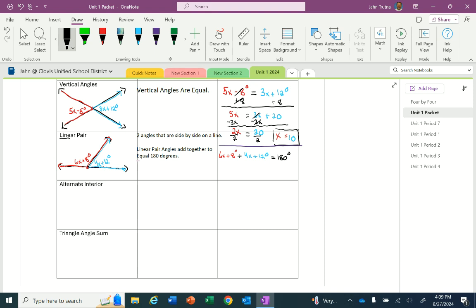And then I would use algebra to solve this. I would combine the 6x and the 4x, and that would make 10x. I would combine the plus 8 and the plus 12. That would make plus 20. So now I would have the equation 10x plus 20 equals 180. Continuing to solve, I would now minus 20 from both sides of the equation.